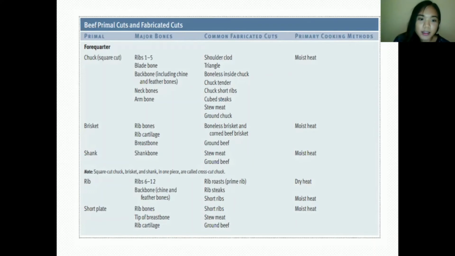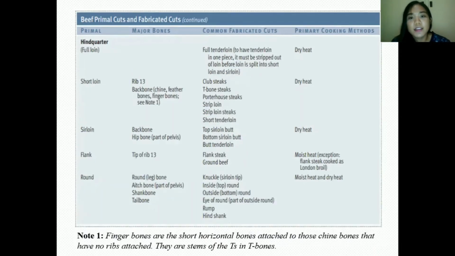The short plate is located near and under the rib. Note that the finger bones are the short horizontal bones attached to those chine bones that have no ribs attached.